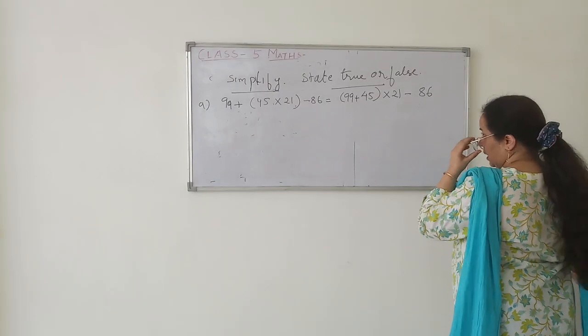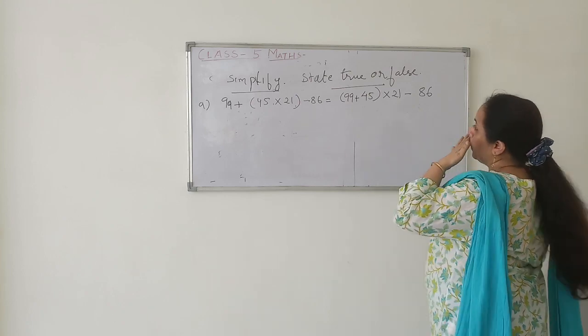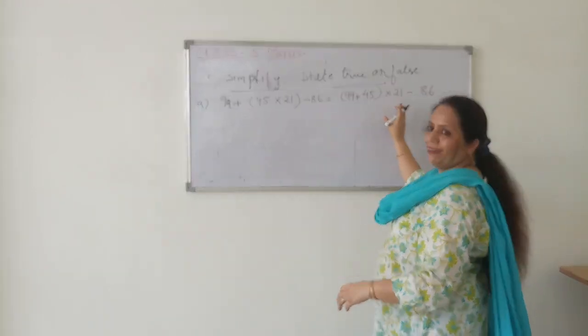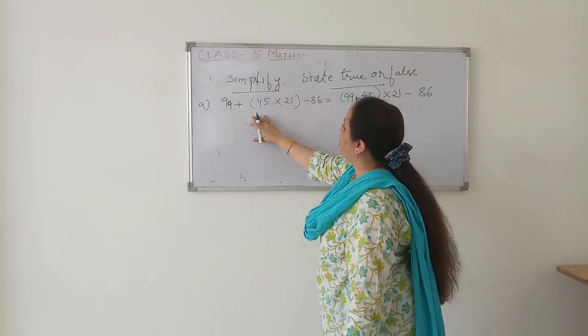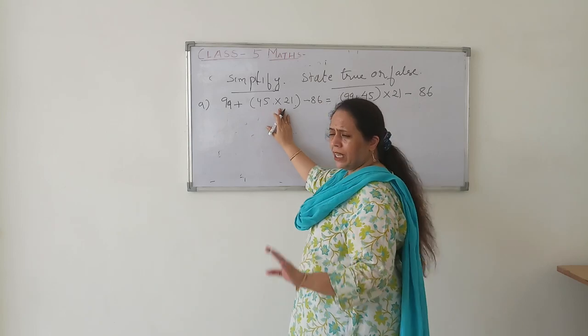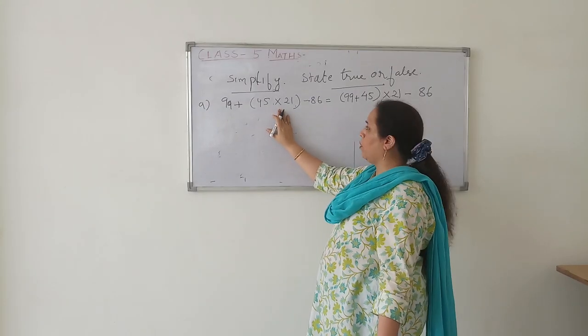Now this is also the same. First we have to take this portion and then this. We will simplify this portion first, with the help of the BODMAS formula.